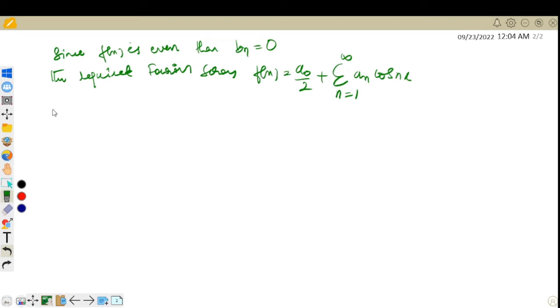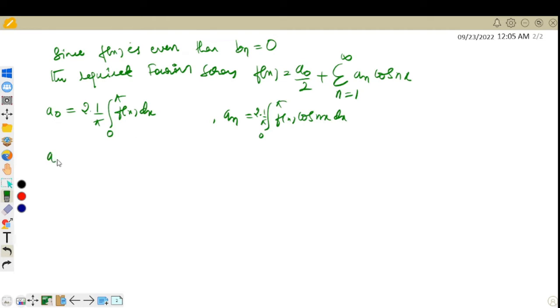But here the Fourier coefficients a naught becomes 2 times 1 by pi, integral from 0 to pi f of x into dx, and a n is 2 times 1 by pi, 0 to pi f of x into cos nx into dx.